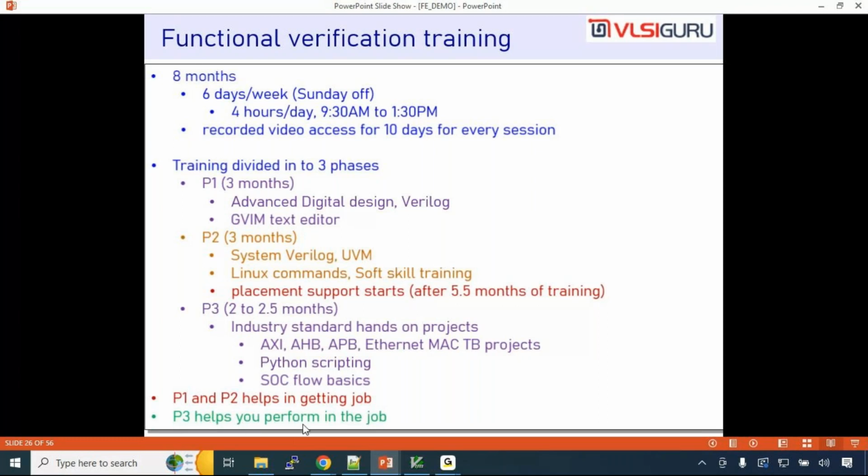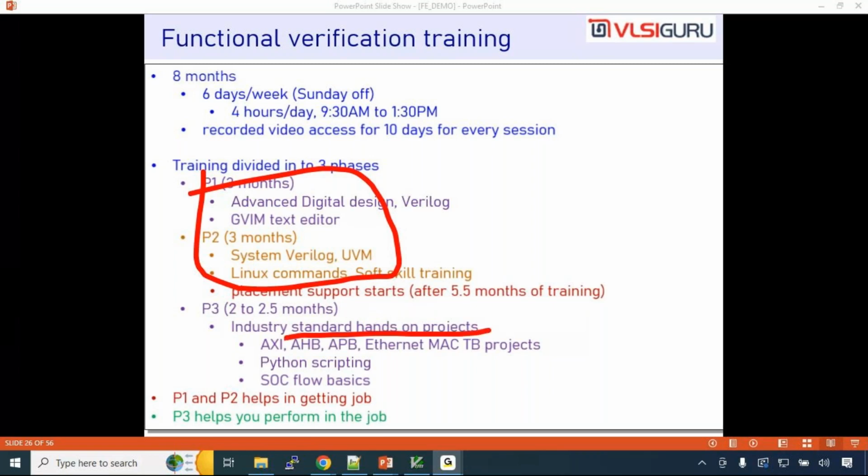Phase 3 helps you perform in the job. These two will only help you get to the job level. To survive in the industry, you should work on some industry standard projects. This is where most of the times I have seen the difference between our institute and any other institute.